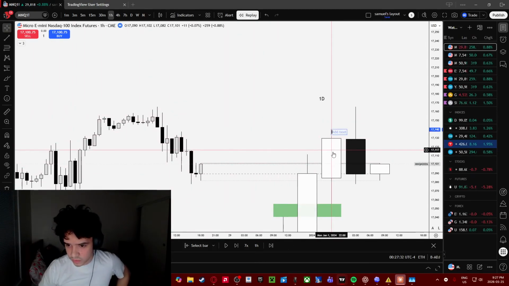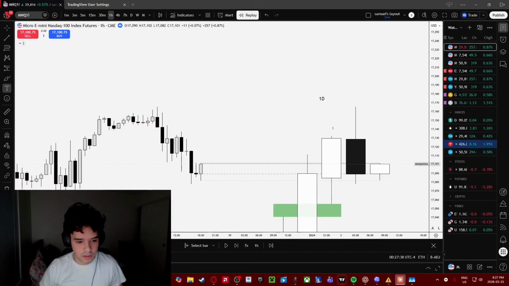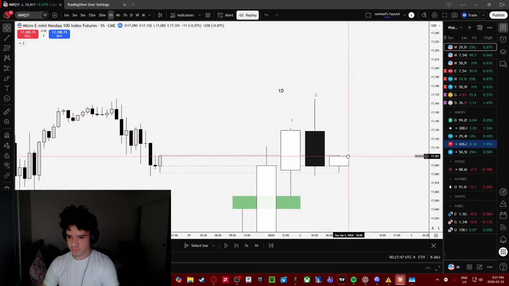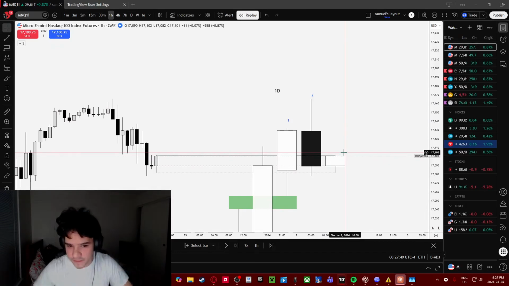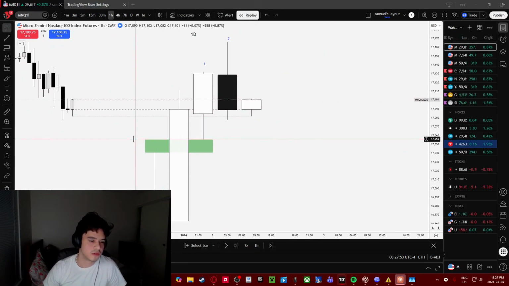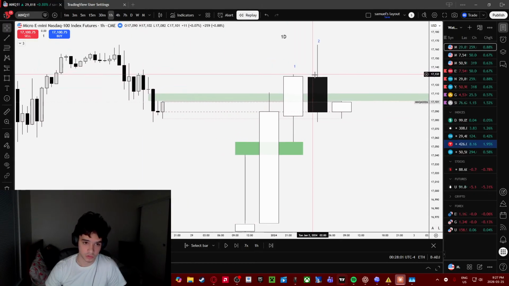So we have a candle 1 right here on the daily. This represents the daily time frame. We have the candle 1, and then we have the candle 2, which sweeps it. And then the candle that we're going to want to operate in is the candle 3 of the daily, and another candle 3 on the hourly after we interact with a point of interest in the following candle after the candle 2.